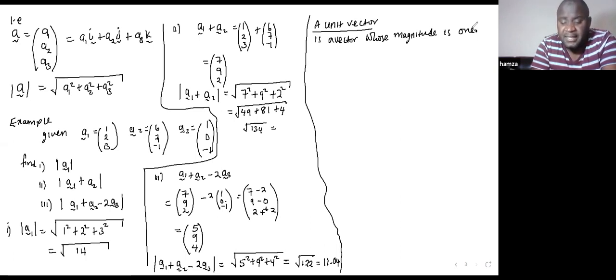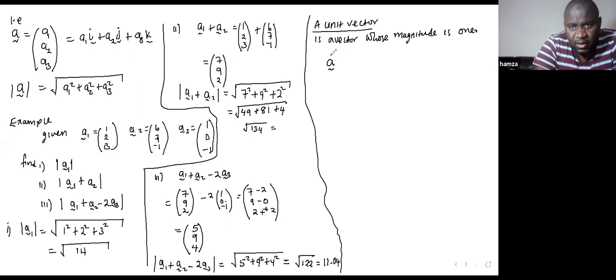Whereby if you have a vector whose magnitude is equivalent to 1, then we can call that vector a unit vector. So if that is what they call a unit vector, how is it represented? The unit vector can be represented by the symbol with a wave below and a cap on top. And this is the same as the vector A divided by the magnitude of A. This is the definition for a unit vector.